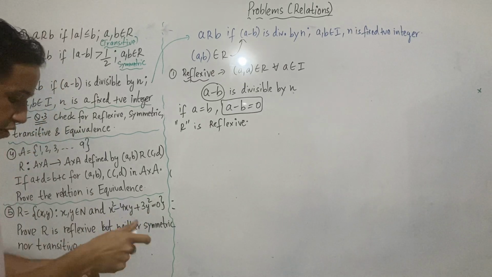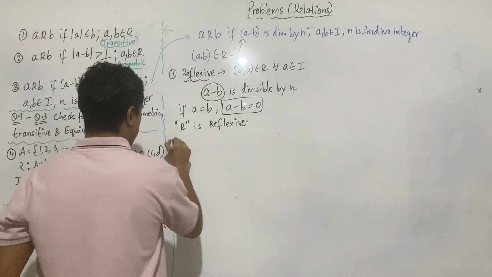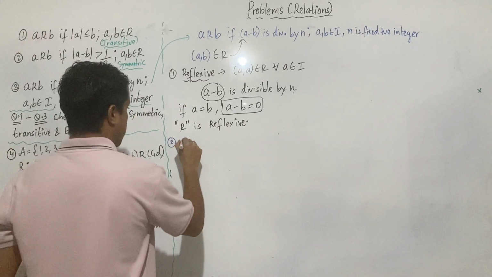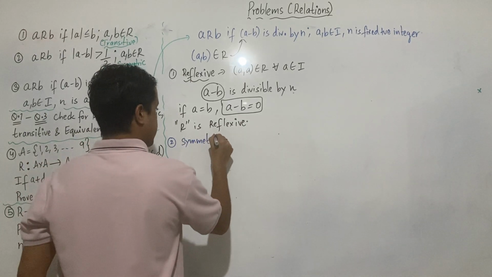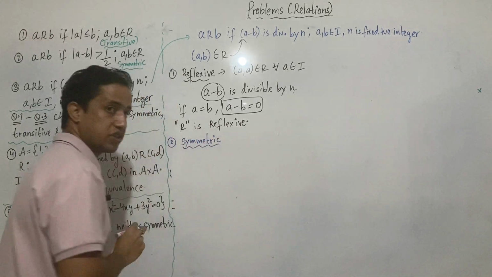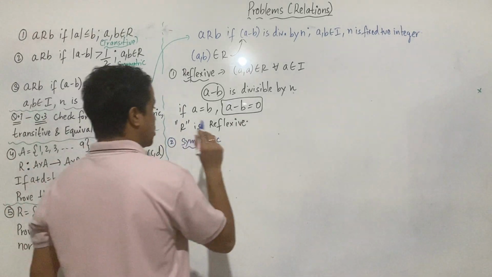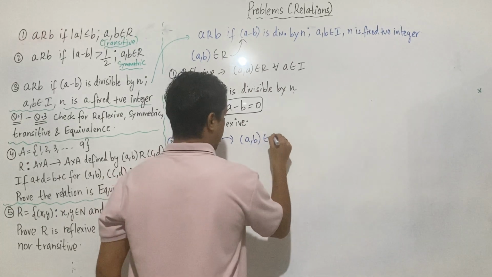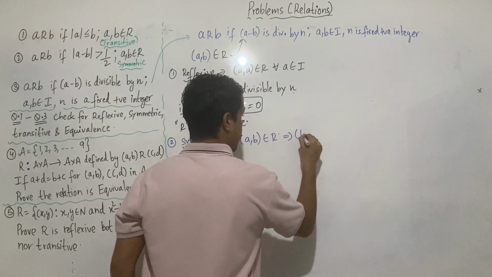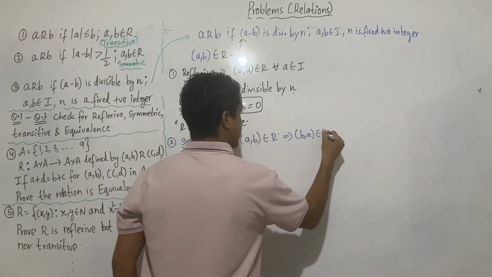Now check for symmetric. What's the definition of symmetric? Symmetric says that if (A, B) is in the relation, then (B, A) must also be in the relation.